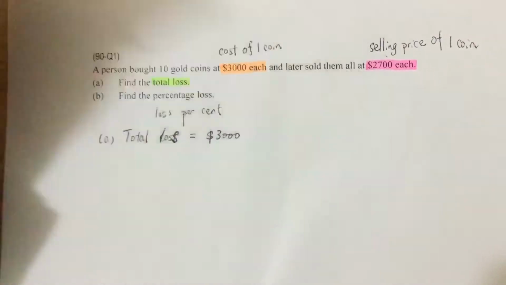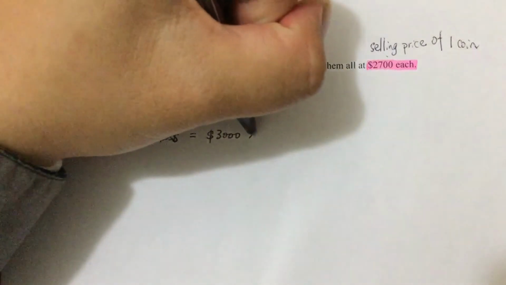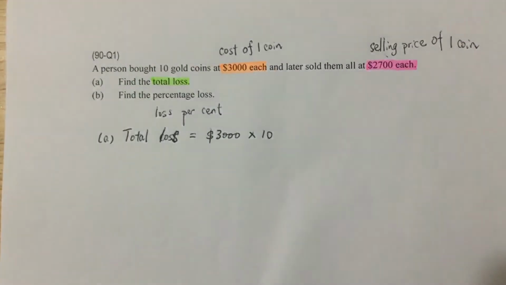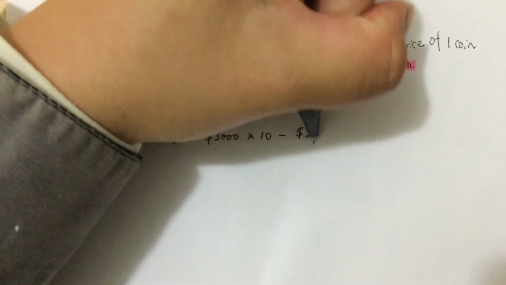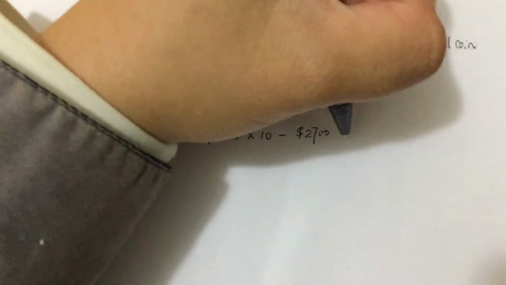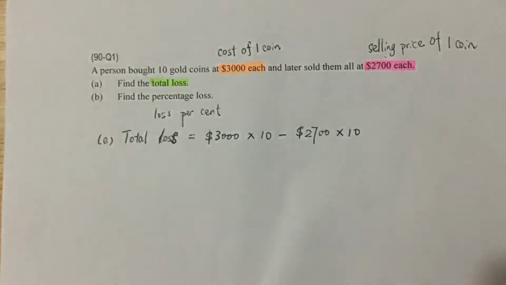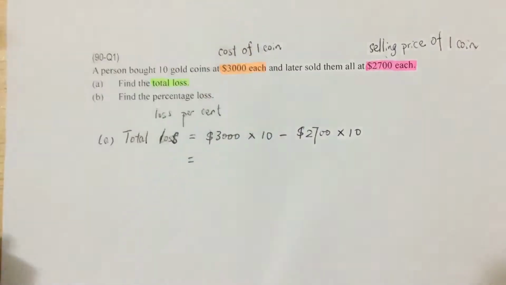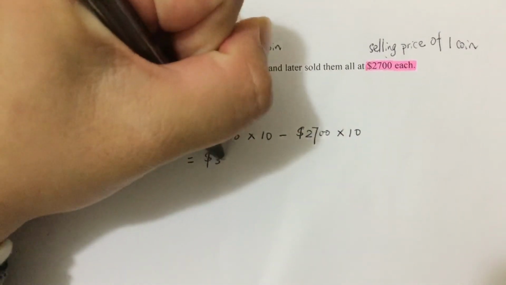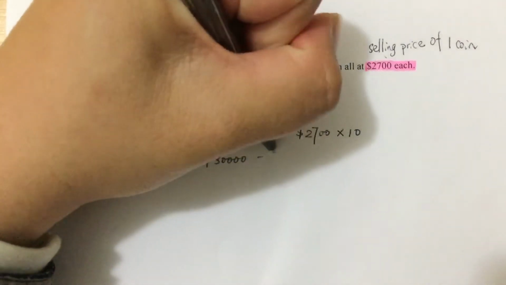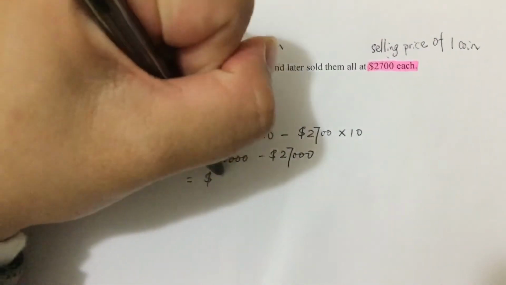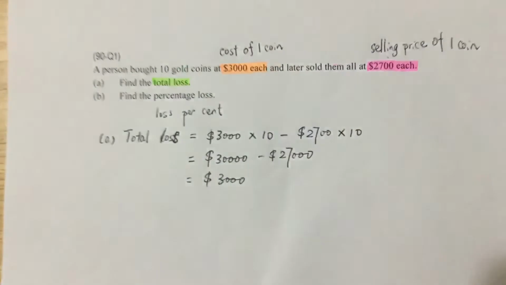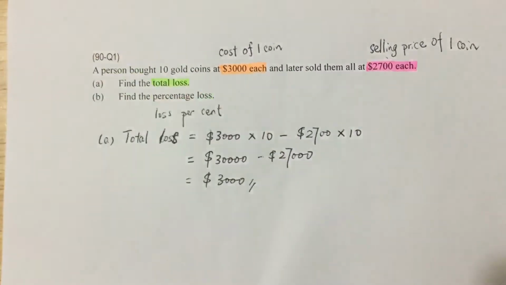That will be $3,000 for 1, so you have 10 of it, so times 10, minus $2,700 times 10. So the answer for this one, you will know that this is $30,000 minus $27,000. So the loss is $3,000. So this is the total loss.